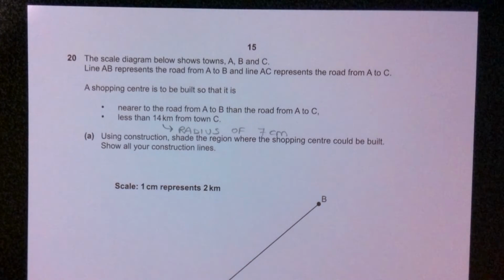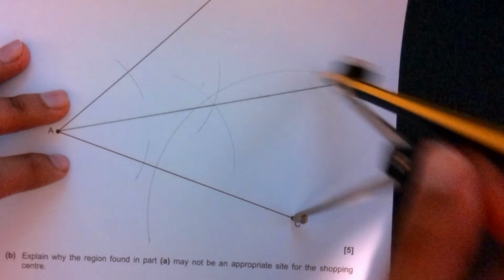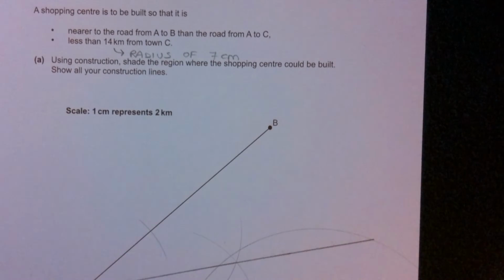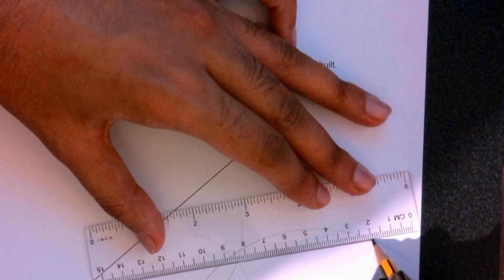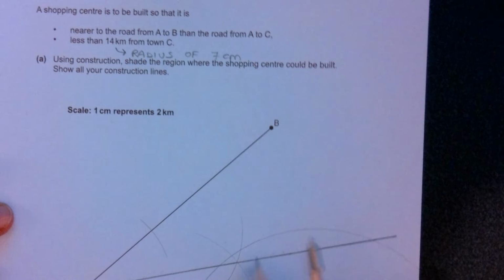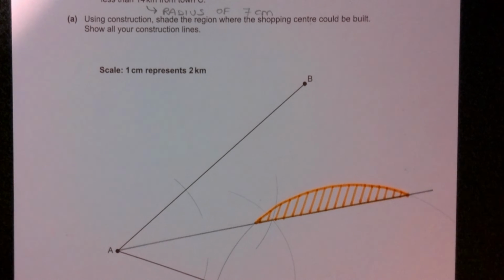So with that 7 centimeters, put the pointy bit at C, and then draw an arc like so. So now we need to determine where the center can be built. And the center can be built in this overlapping region. So here is that region.